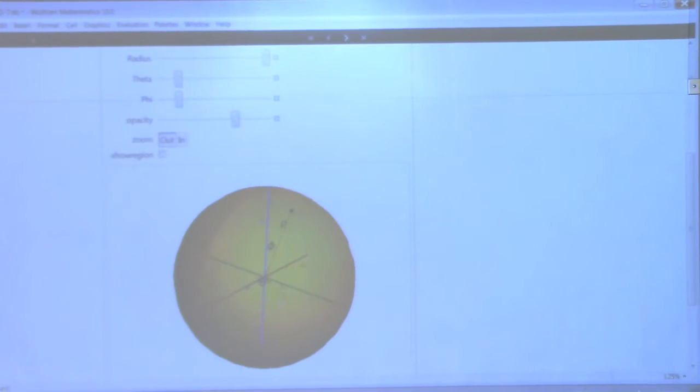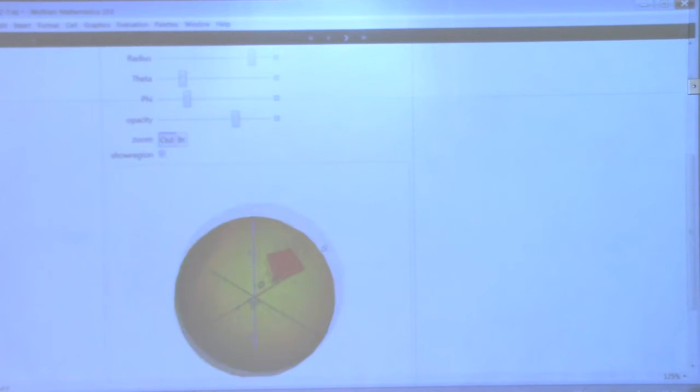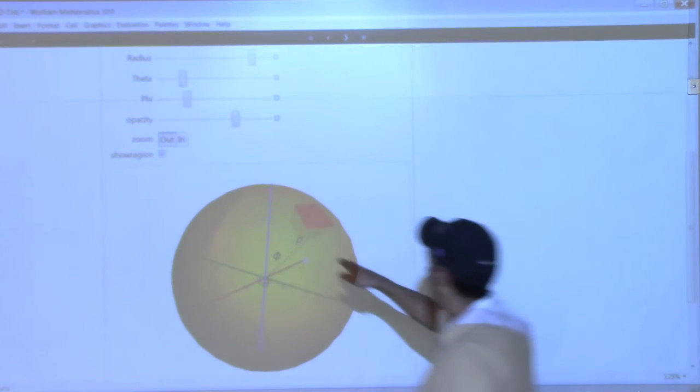So phi is that angle from the z-axis, straight up, pointing down. Theta swings you around. And then, of course, you can change your radius, which is rho. If you do that, you're going to get that little patch out there. You see that little red patch out there?